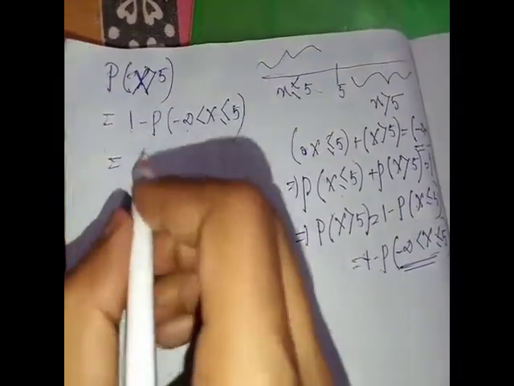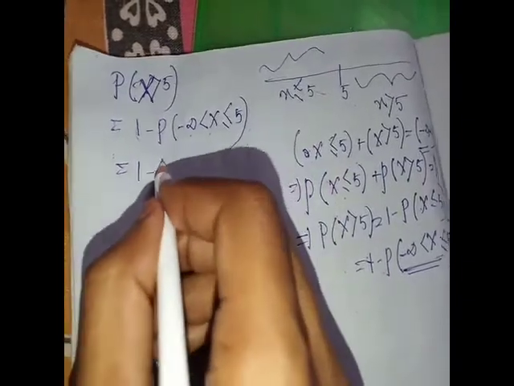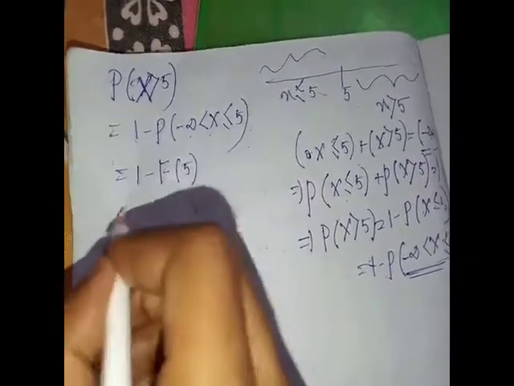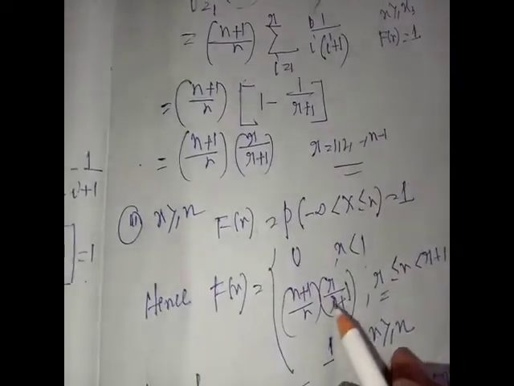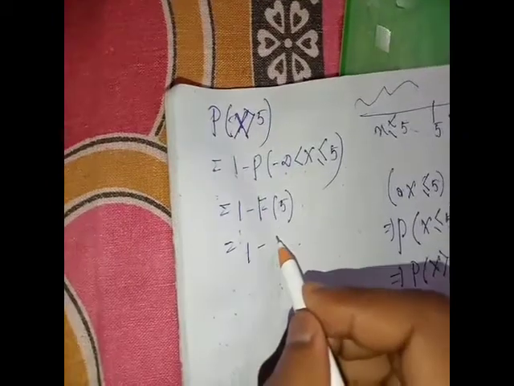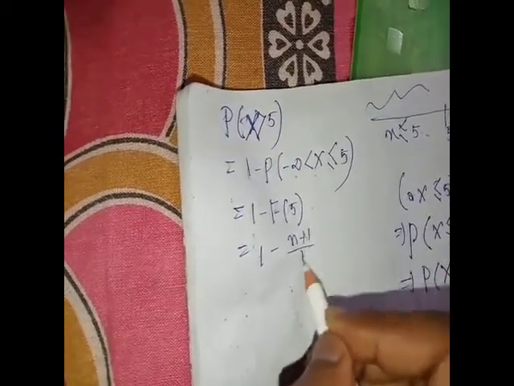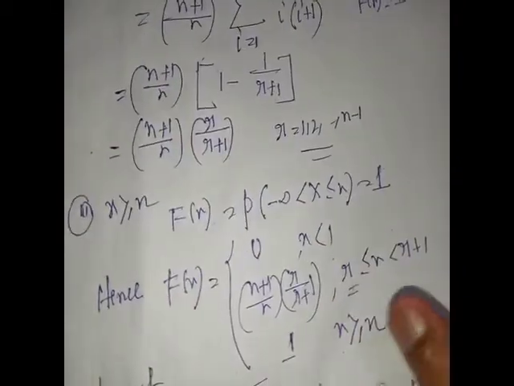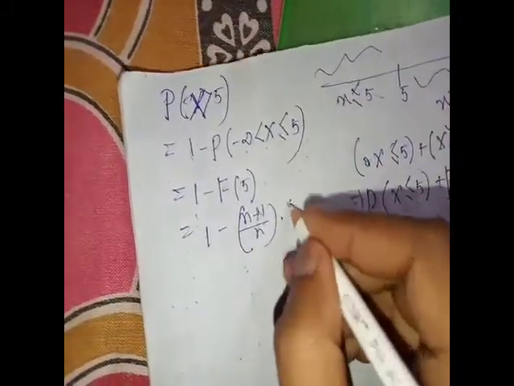By the definition of the distribution function, this means F(5). For F(5) we put r equal to 5, and we get 1 minus (n+1)/n times 5/6.